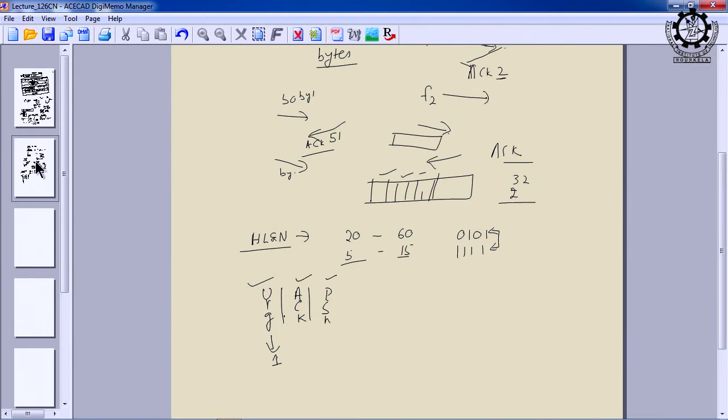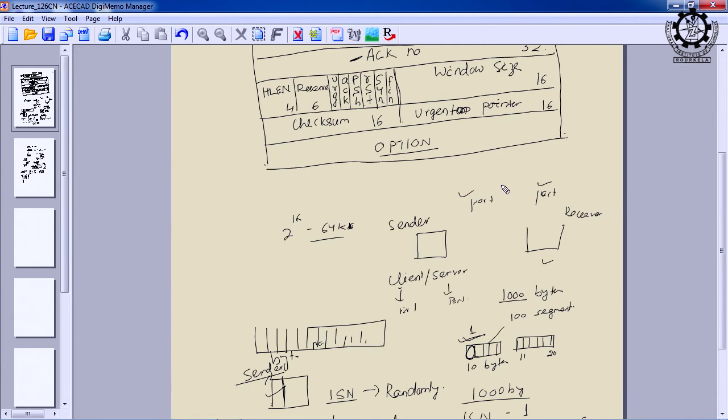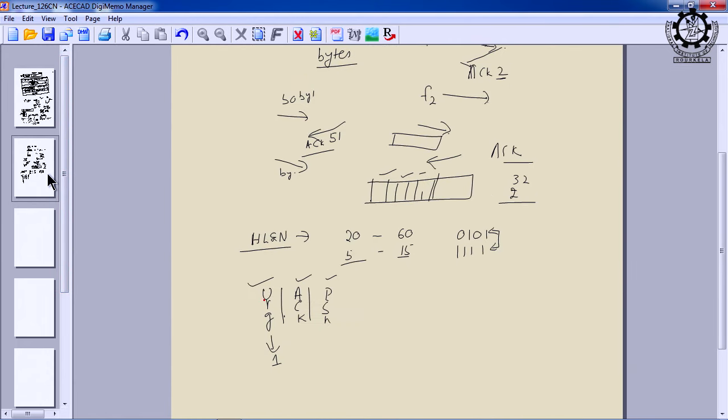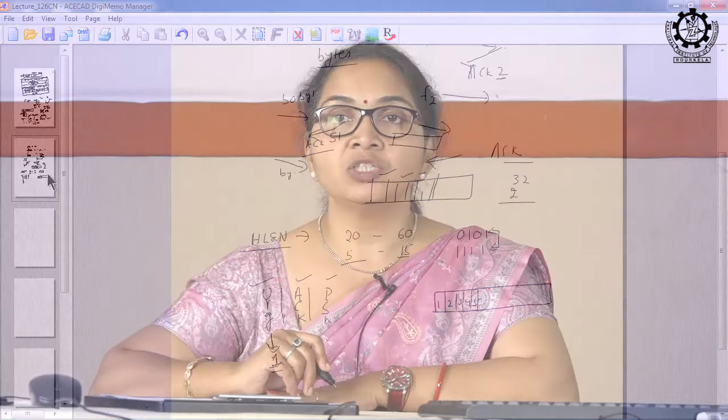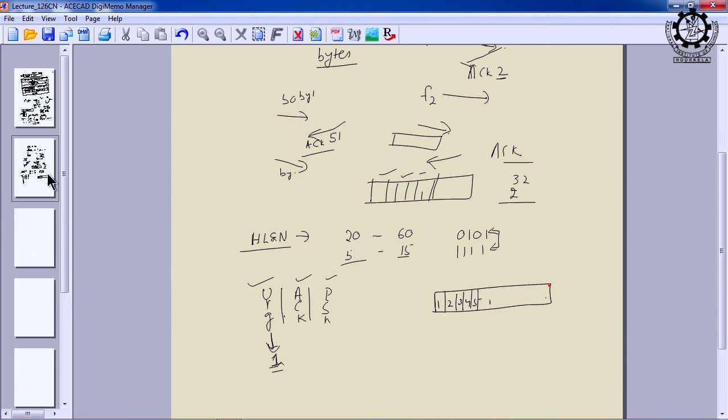When the urgent value is set to 1, you have a field called urgent pointer, if you have noticed. This urgent pointer field will be valid only when the urgent flag is set to 1. Meaning, in a segment, let us say the initial 5 bytes are urgent, 1, 2, 3, 4, 5. These 5 bytes are urgent inside a segment, and the rest of the bytes are not that urgent. So, you want these bytes to be processed faster in comparison to the others, right.